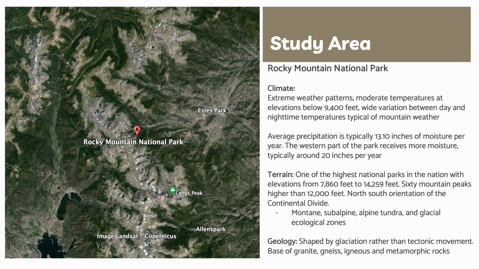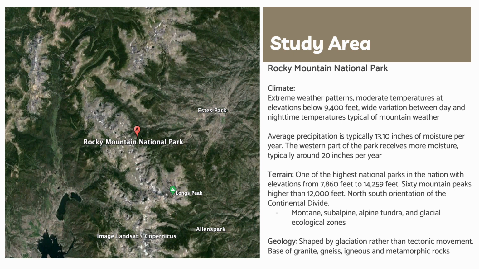So like I said, my study area for this project was Rocky Mountain National Park, and I used a boundary from Estes Park basically to Grand Lake, which you can see in the bottom left corner of the map. The climate in Rocky Mountain National Park is pretty moderate, with most of this moderate weather occurring at the elevations below 9,400 feet, but higher elevations are pretty typical of mountain weather with a wide variation between day and nighttime temperatures.